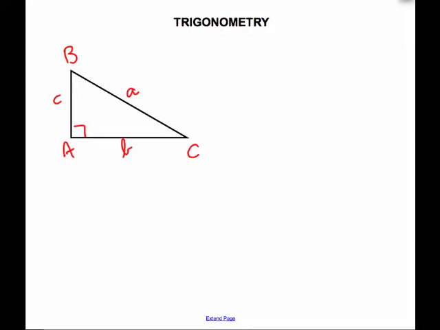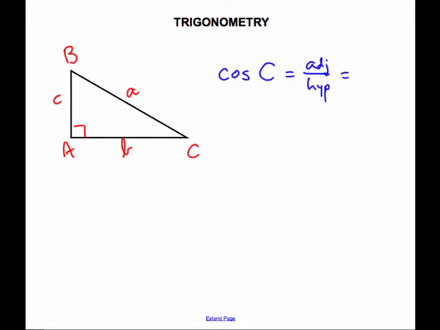And so if I want to talk about sine, cosine, or tangent, let's just take cosine and let's just pick an angle here. And we typically pick an angle that's not the right angle. So let's take angle C. And we know by definition that cosine is adjacent divided by hypotenuse.